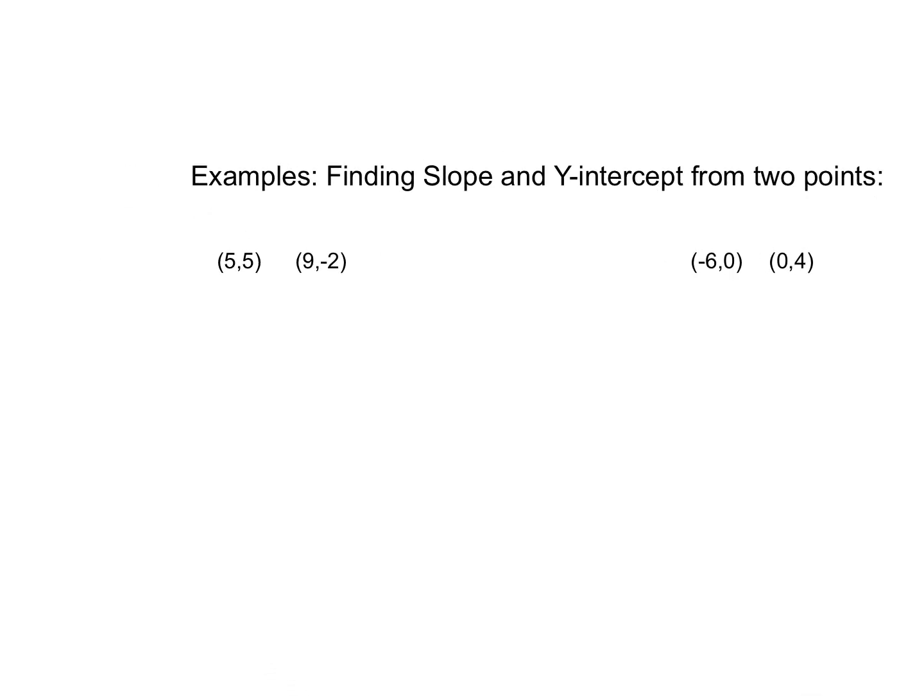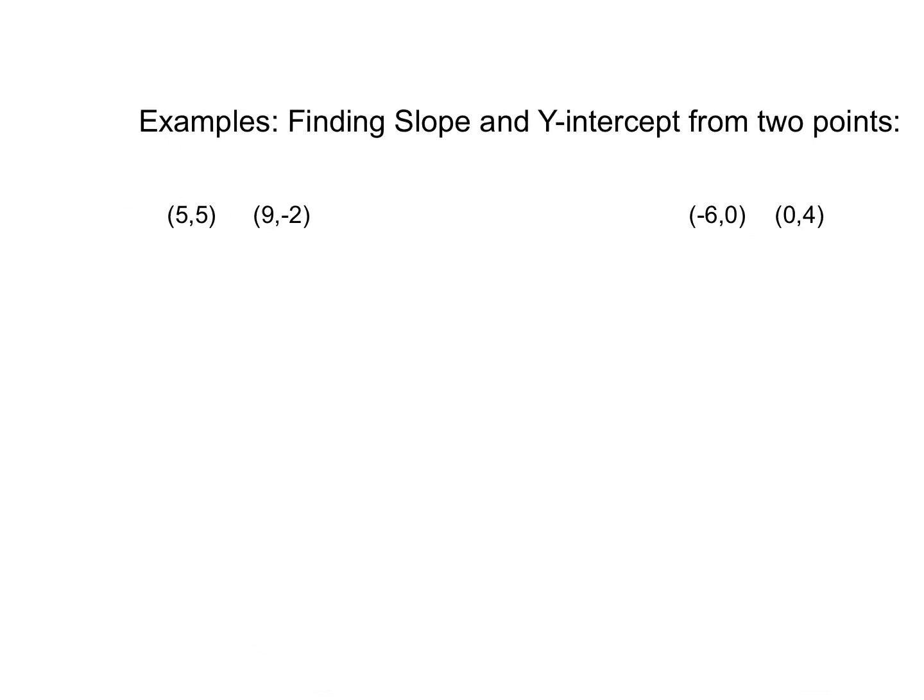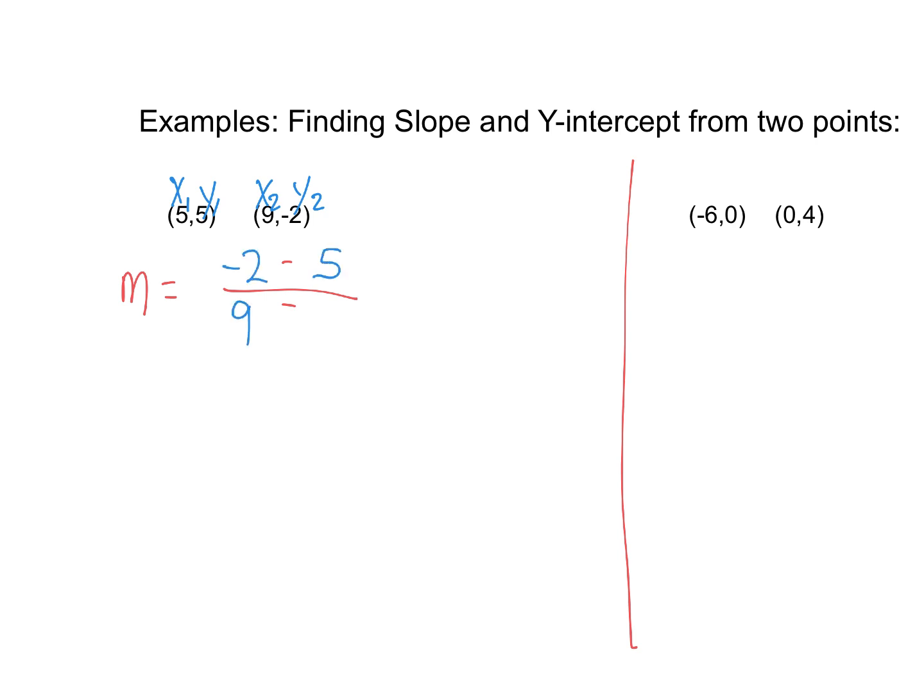All right, let's do 2 more, and then that'll be the end of our notes on this. So if I set this one up, m is equal to, I'm going to put subtraction, subtraction. So on top are your 2 y's. So again, if it helps, x1, y1, x2, y2. And I'm going to subtract negative 2 minus 5, over 9 minus 5.